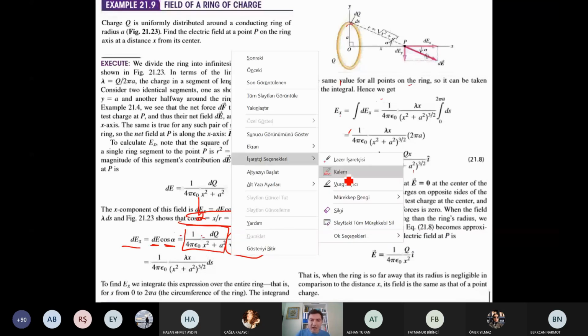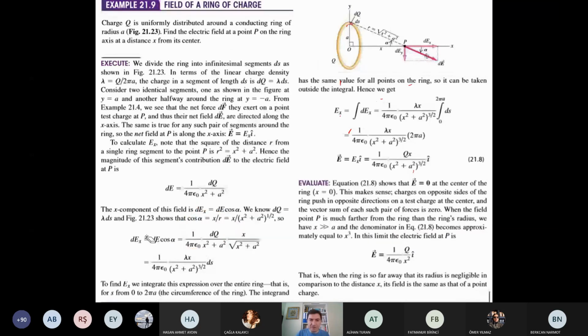Here we have something new. We have dq, the charge of the small segment. What is the charge of the small segment? The charge of the small segment is given by lambda times ds.